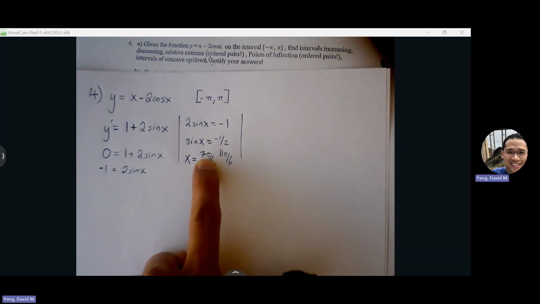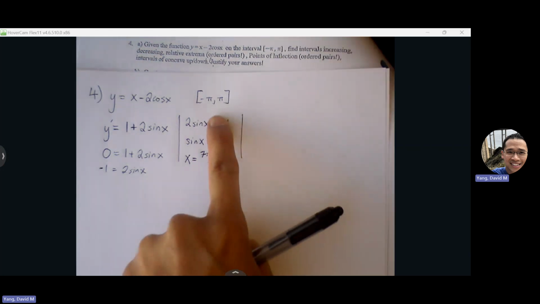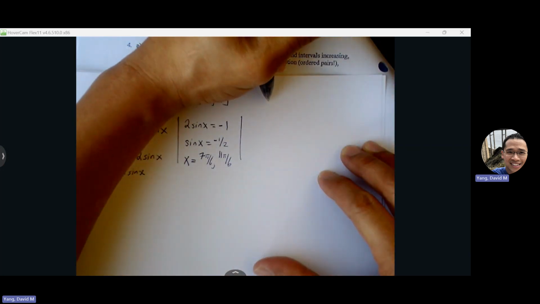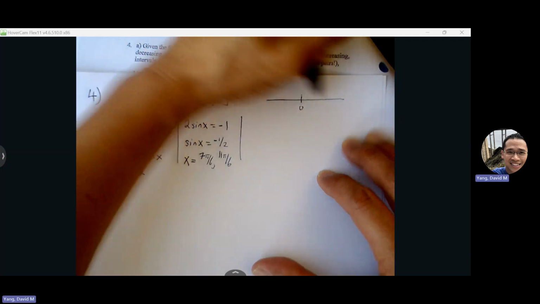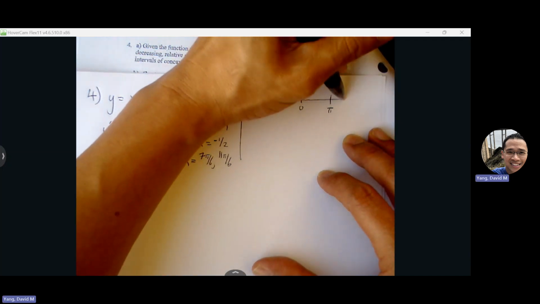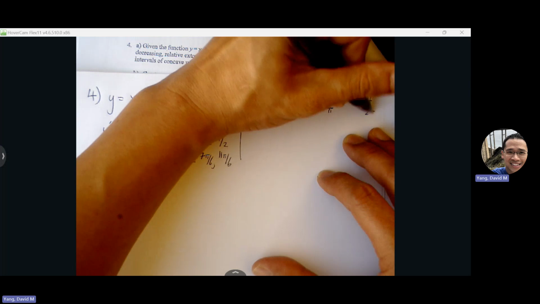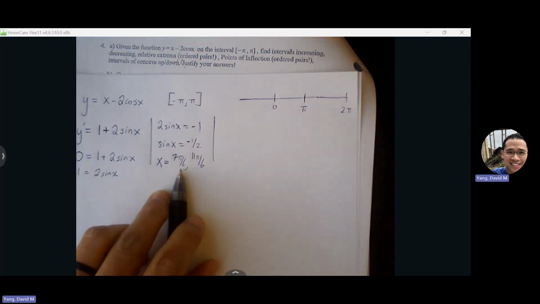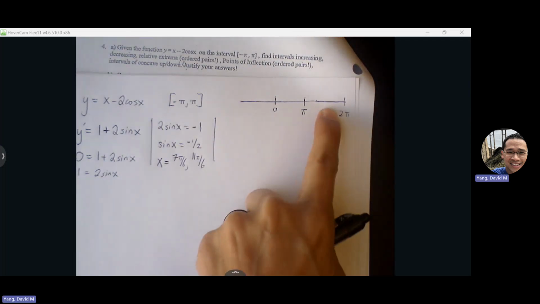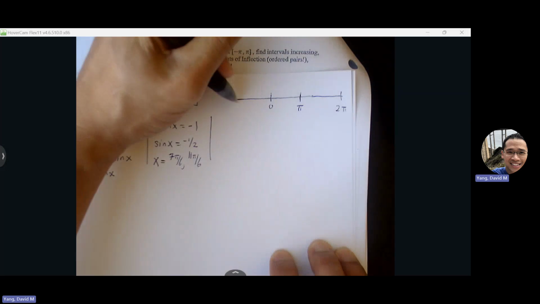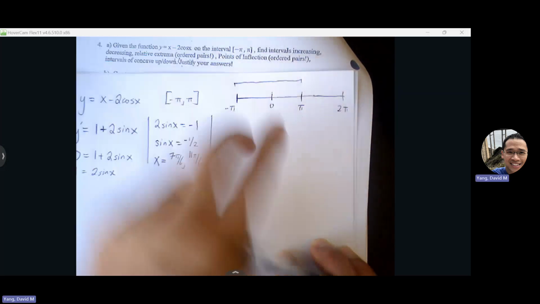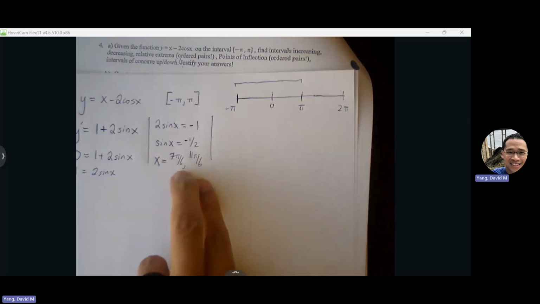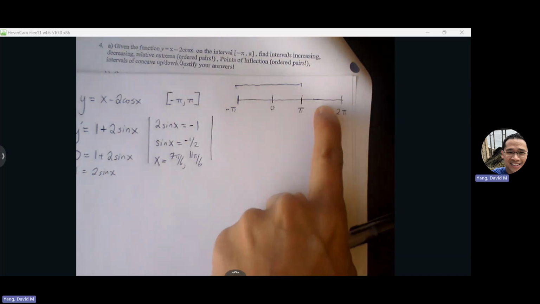But the issue is that these are outside the interval, right? Because if we look at our interval here, here's 0, here's pi, here's 2 pi. Our two solutions here are 7 pi/6 and 11 pi/6. And we want something that is living in the interval from negative pi to pi. So 7 pi/6 and 11 pi/6 are outside the interval.